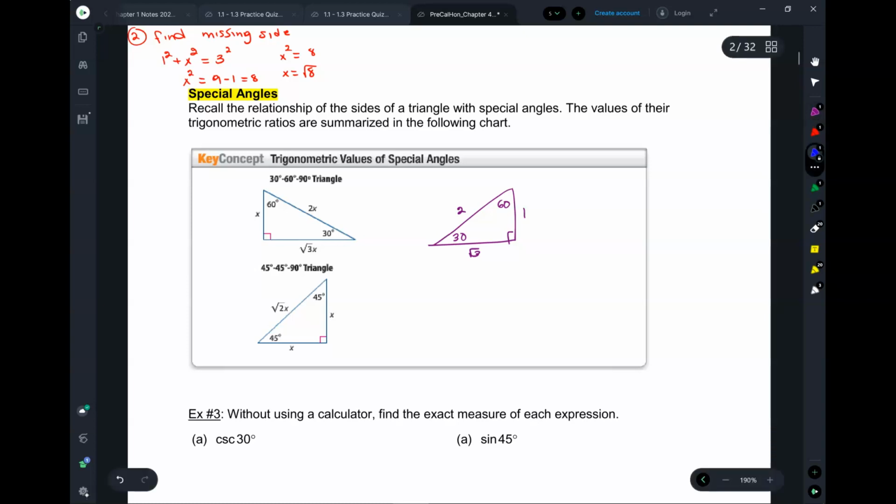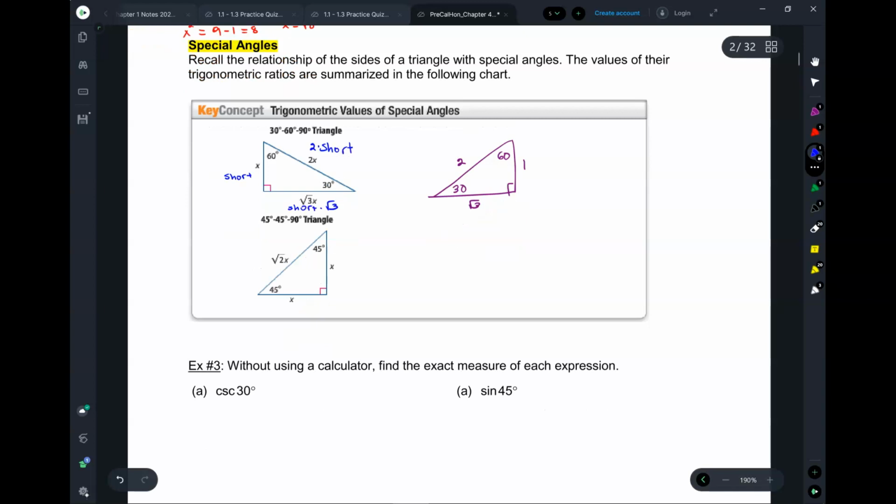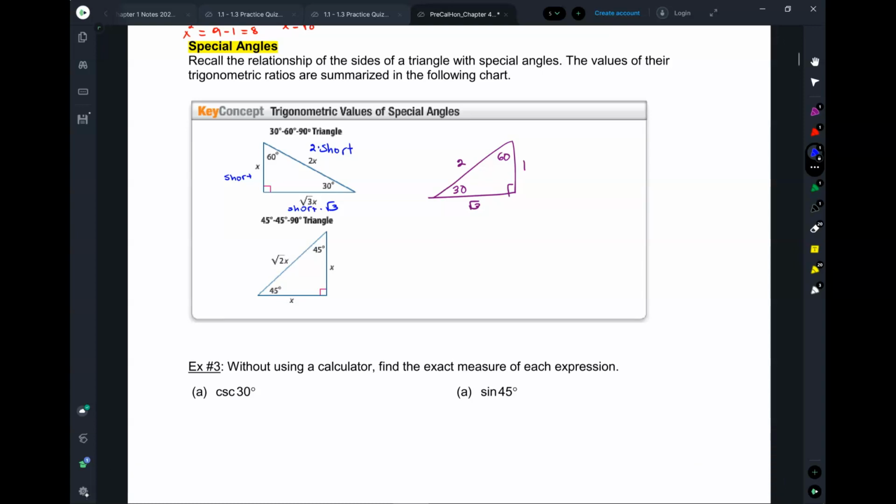So, if you forgot, in the triangle to the left, you've got the short side. The longer leg is the short times root 3. The hypotenuse is 2 times the short. Okay? And then if you have a 45, 45, 90, you've got legs of equal size, right?